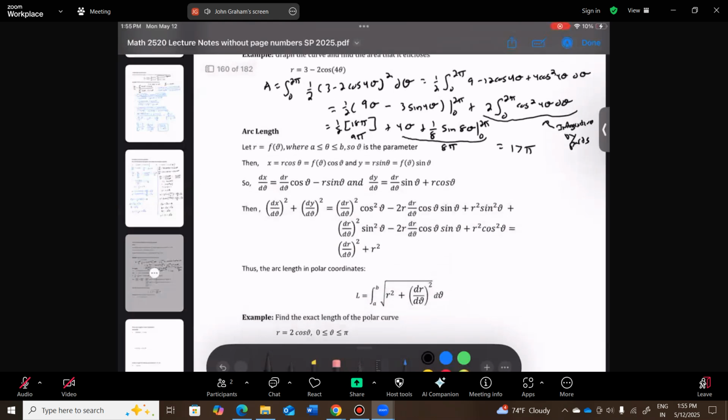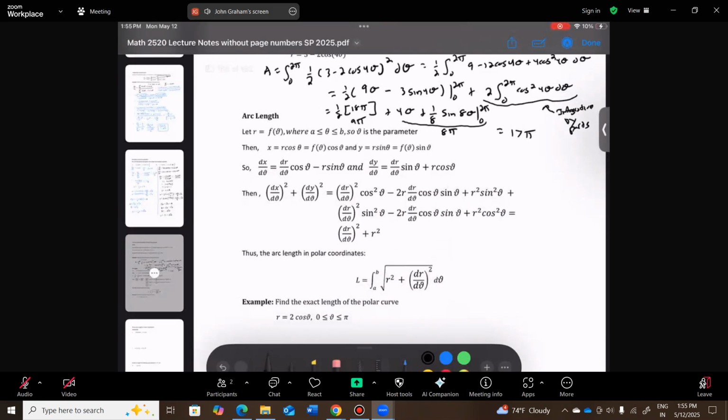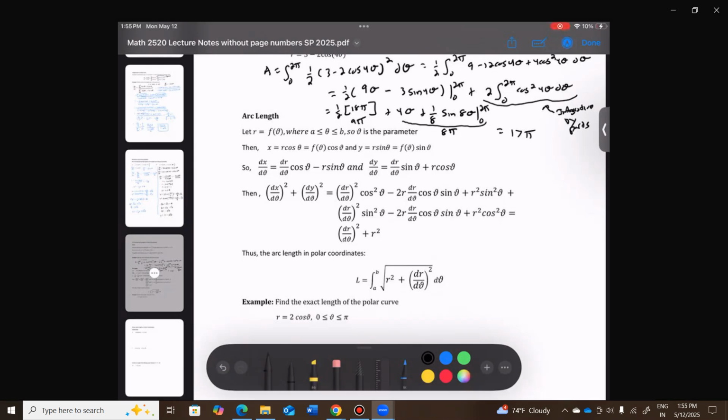So for the arc length, r equals f of theta, where theta is between a and b, so theta is your parameter. x is r cosine theta, so we'll have f of theta cosine theta for x, and y will be f of theta sine theta.